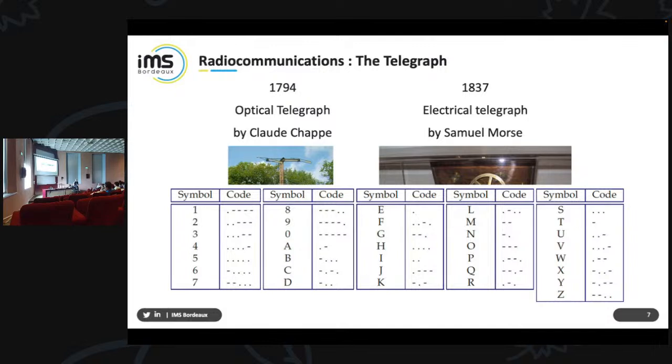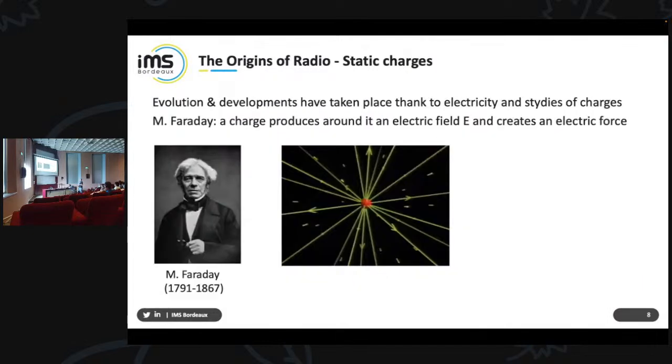It's not 0 and 1, but it's kind of dot and, I don't know the English word for that, the tiret. And because of technology, we then shift more and more to something non-optical, which is more electrical, and this is why we are here today, especially with Mr. Faraday, who discovered that charges can interact together.